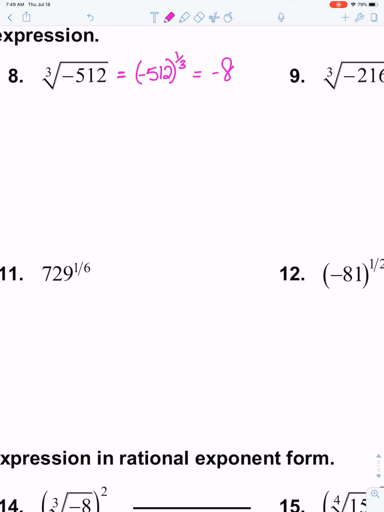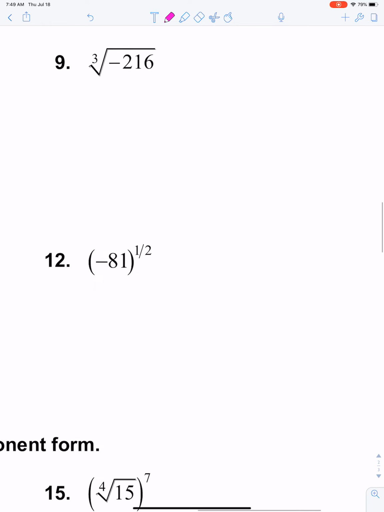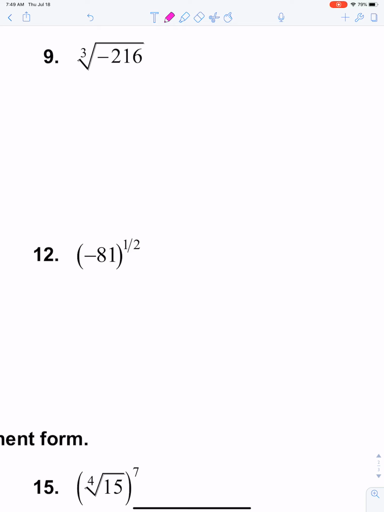It's not plus or minus, it's not just positive, it is negative 8. The cube root of negative 216 can be rewritten as parenthesis negative 216 to the 1/3 power. The cube root of negative 216 actually comes out to be negative 6.